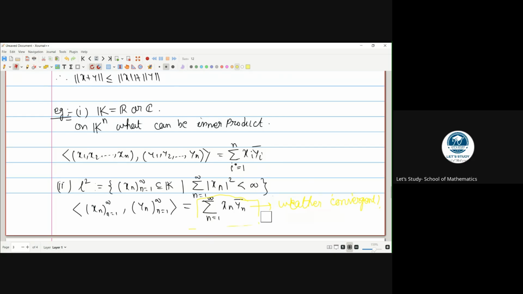Can anyone say whether this will converge or not? Yes, this will converge because xn and yn both belong to L2.